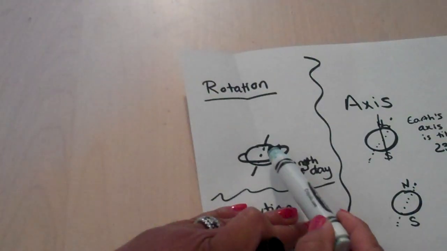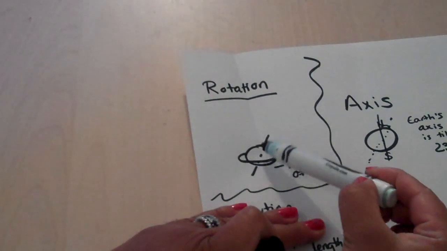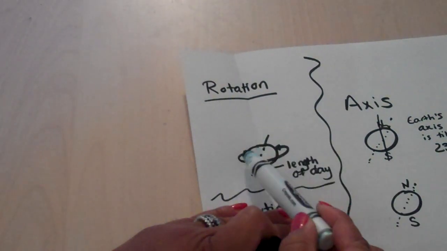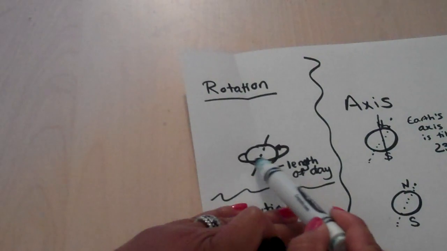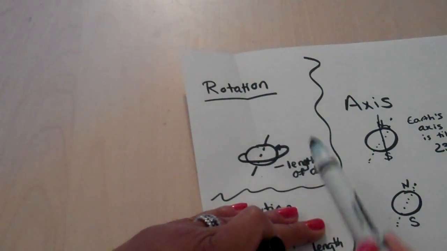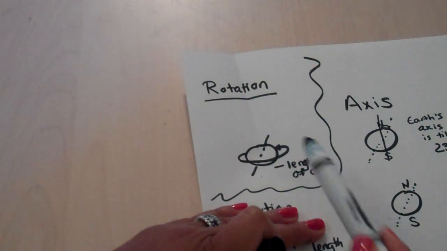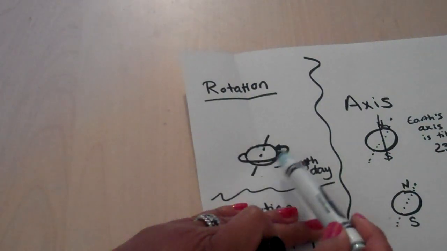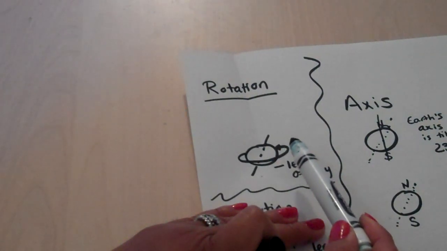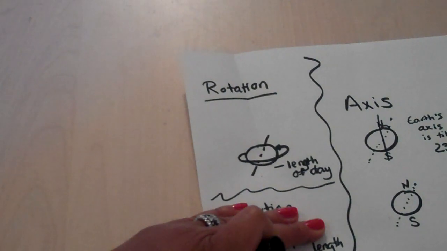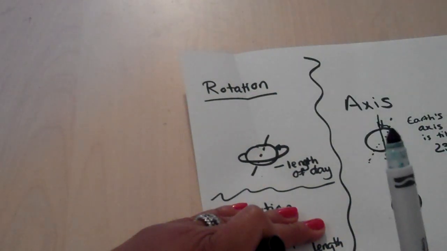Rotation. Here what you want to do is draw a circle, put your axis as an imaginary line, and I made mine tilted again. This is an arrow coming around in that circular motion, and that's the spinning of the planet on its axis. Picture a ballerina or an ice skater and how they make a turn.